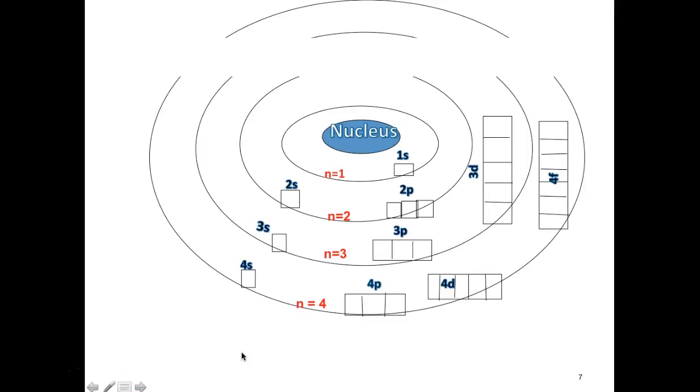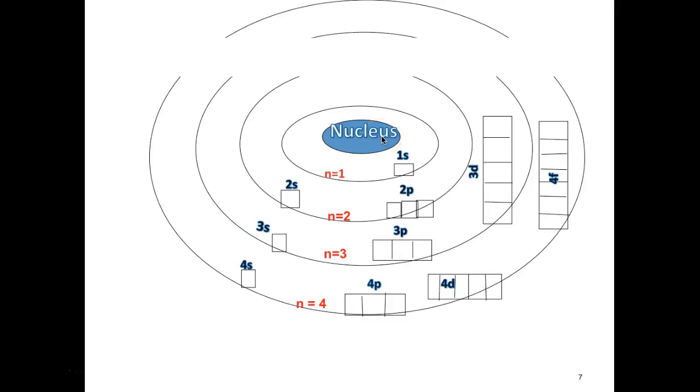This is just a rough diagram showing the analogy between the electron energy levels and the planetary system. So if you imagine the nucleus to be like the sun, these are the planetary pathways around which these electron energy levels are arranged around that central nucleus.